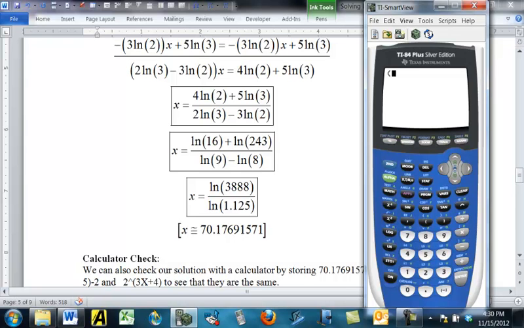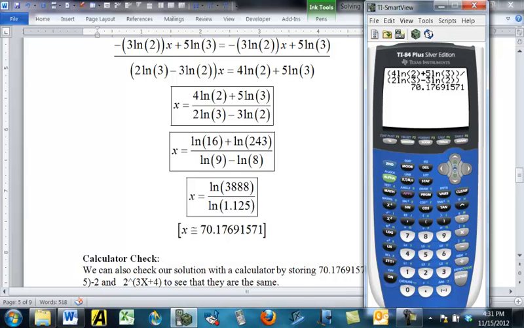The first one: parentheses around the numerator, 4 ln of 2 plus 5 ln of 3, close the numerator, divide by, that's your fraction, parentheses for the denominator, 2 ln 3 minus 3 ln 2, close the denominator. Alright, that's one way we could get it.